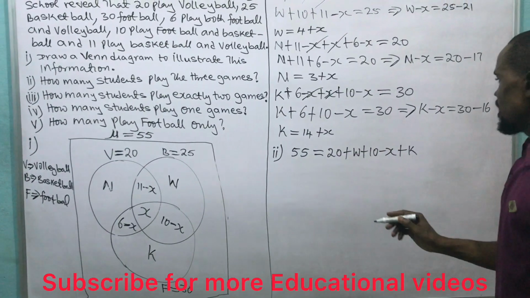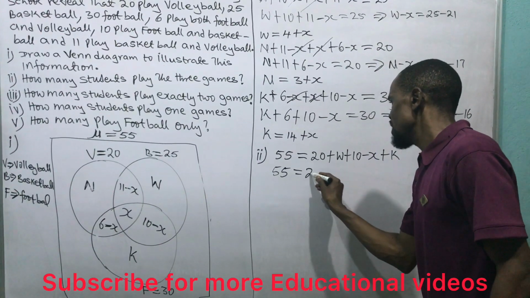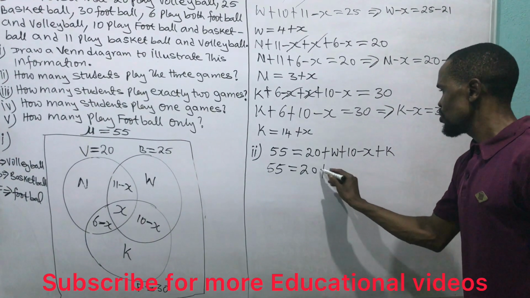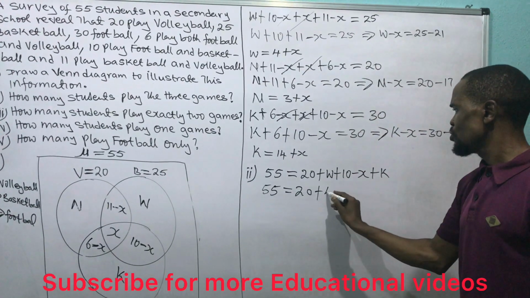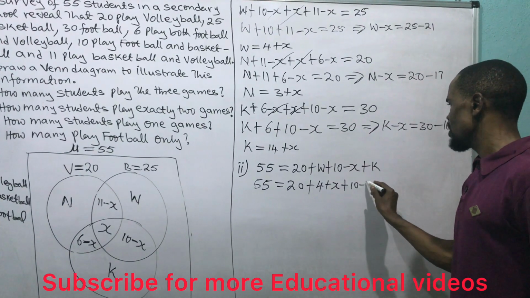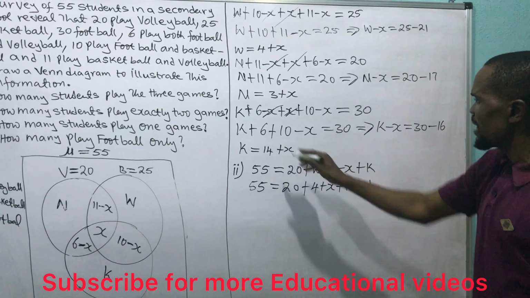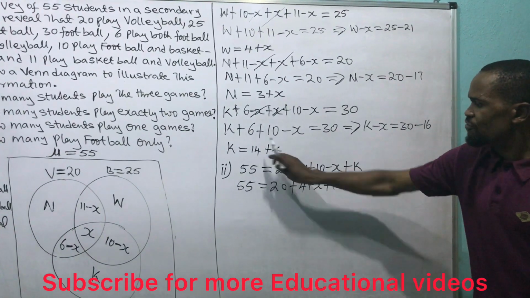Are you getting it? Then now I have 55 equals 20 plus W. What's my W? I know my W, that's 4 plus x. Then plus 10 minus x plus K. What is my K? My K is 14 plus x. Look at my K here. 14 plus x.